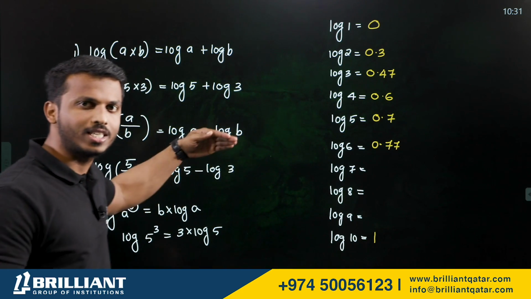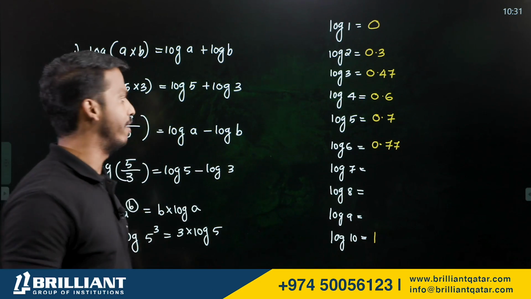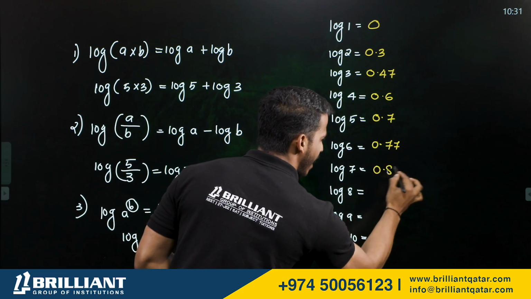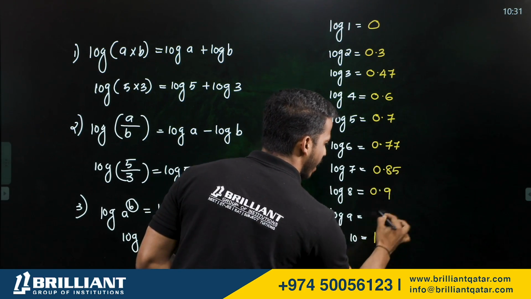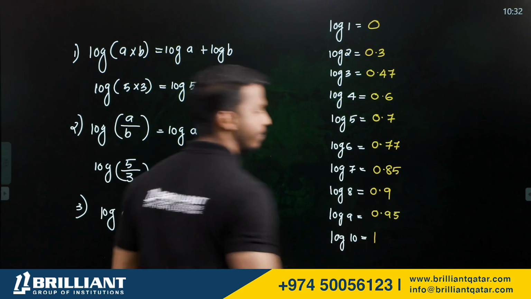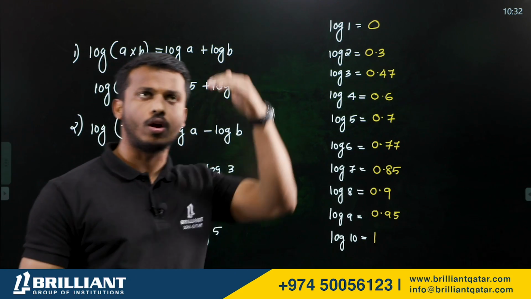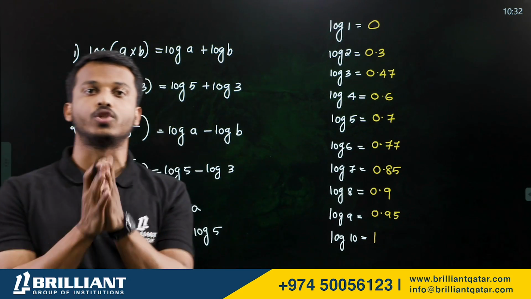The remaining three are a combination: 0.85, 0.9, 0.95. One or two times if you practice it, you will definitely get it. So log 1 to log 10 values we should remember.